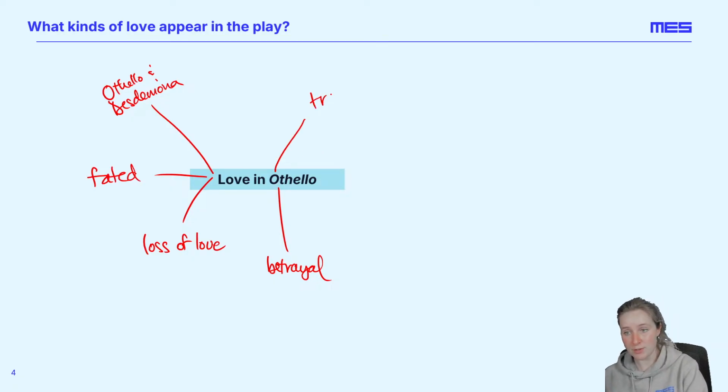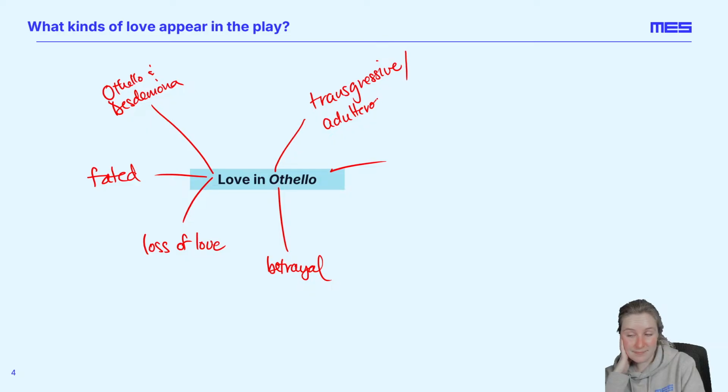This idea of transgressive love. This idea of, with actually transgressive love, adulterous, of lust over love as well.